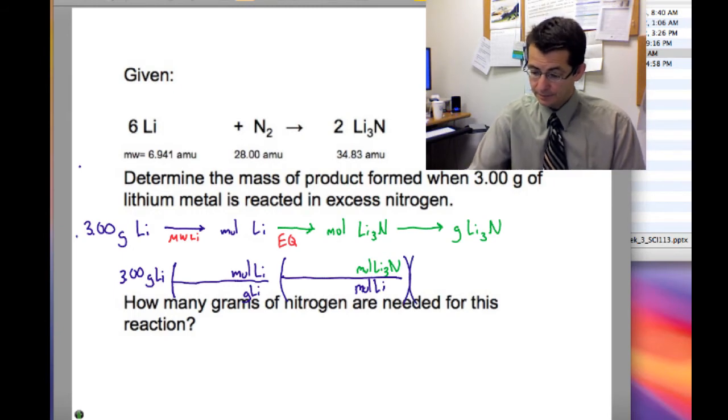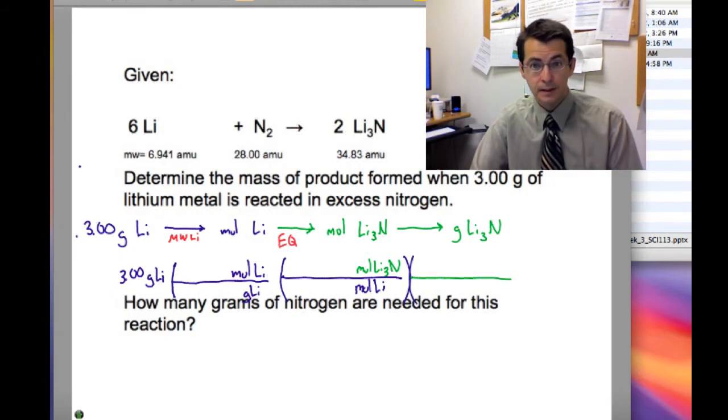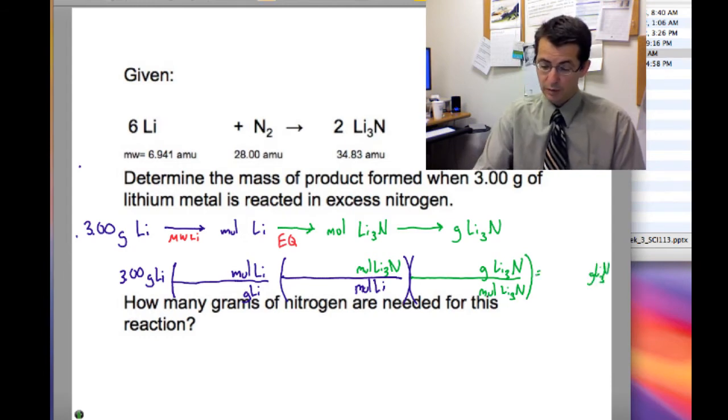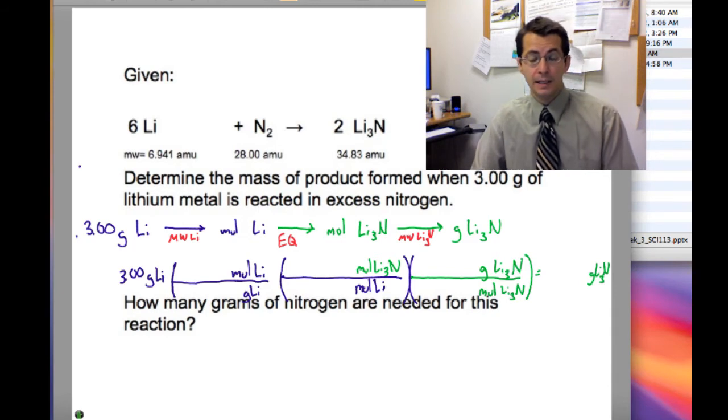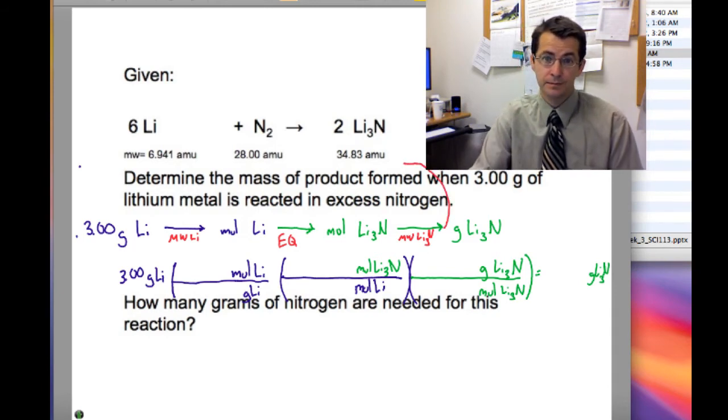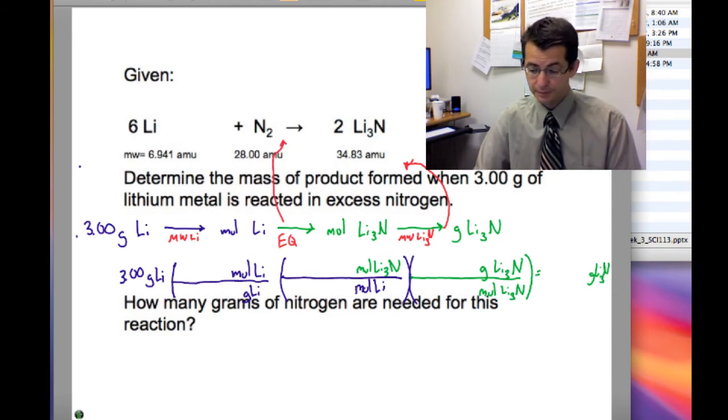And lastly, we would take those moles of lithium nitride and convert them into grams of lithium nitride. And where would we get those numbers? This would be using the molecular weight of lithium nitride. We attain those numbers from there, or from the balanced chemical equation.